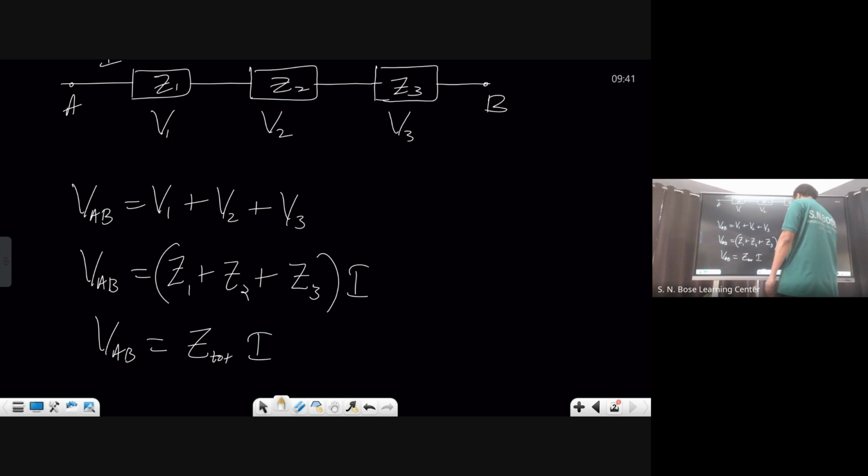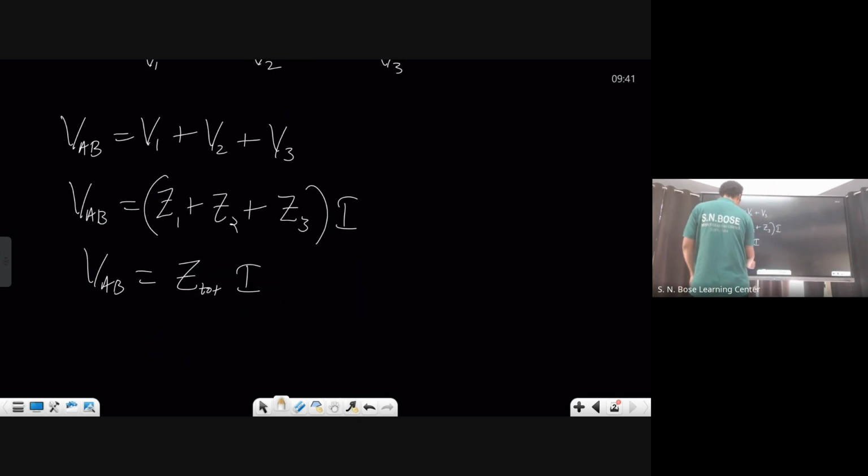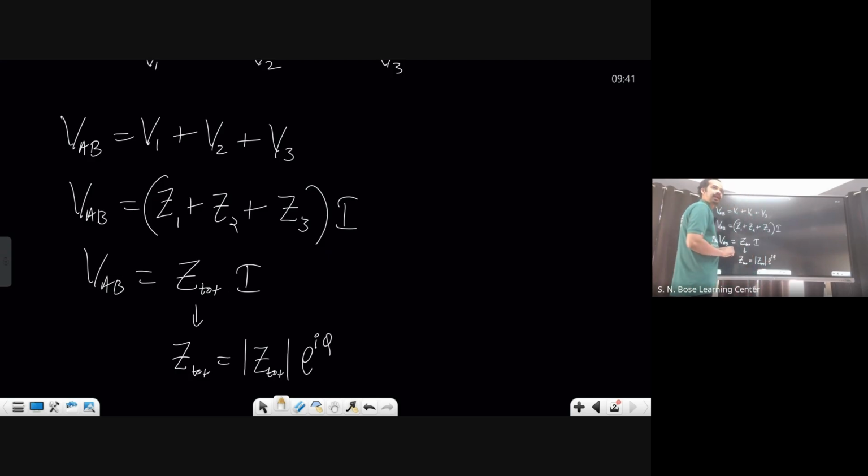Now what I'm saying is, with this Z total, to quickly find phase lead or lag, I don't have to do everything. I just have to write Z total as mod of Z total into e power I phi, the Argand representation. Then if you take current along the real axis, where this vector will be is decided by that phi.